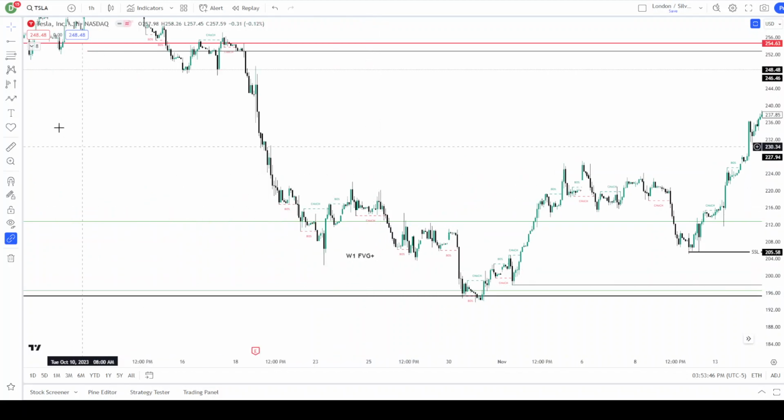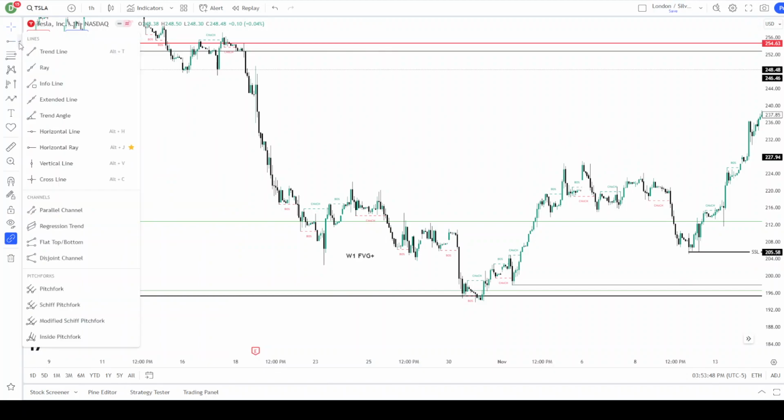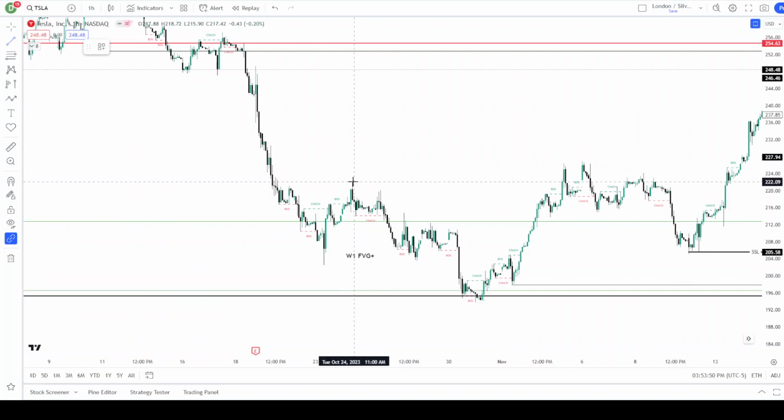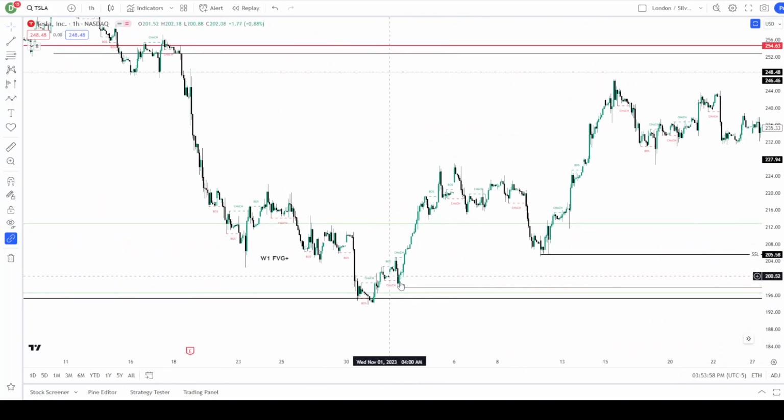And then what do we do? We run on old highs or old lows, depending if it's a market maker buy or sell model. So it ran on old highs. That's a small one. Then when you're looking here, market maker buy model in here as well, we broke the high, we came back down, we traded into displacement around where a change of character happens.